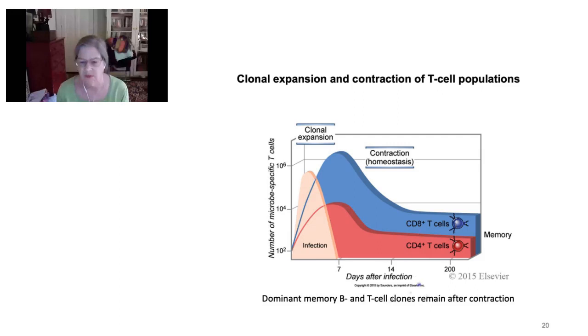So the point is that these memory cells will be much more focused. If you were doing deep sequencing, in the effector phase you would see huge clonality all over the place. But when you get into the memory population, you can pull out cells with antigen, or in this case for T cells, with MHC class 1 or class 2 that has a peptide associated with it.